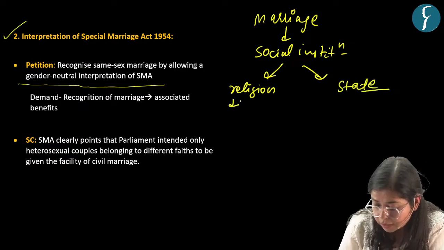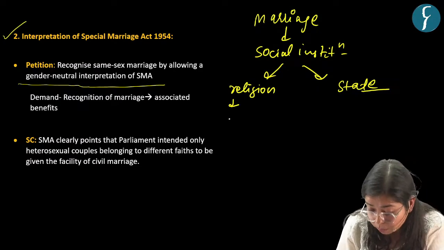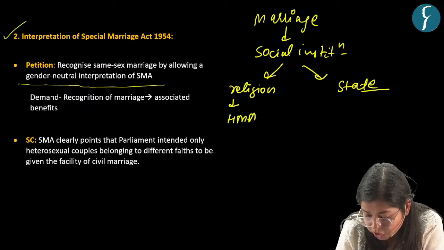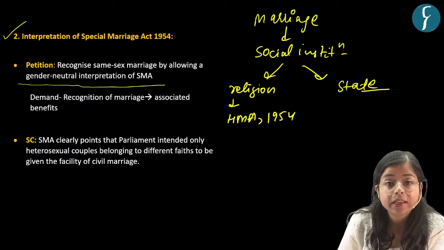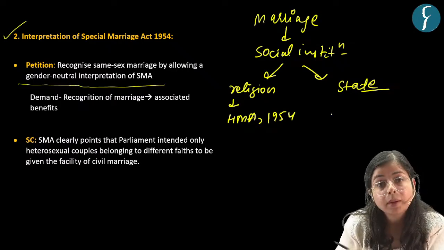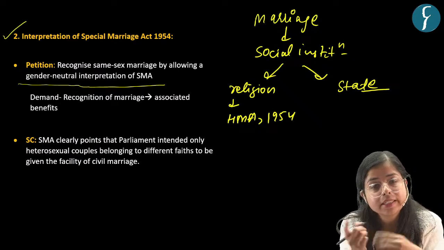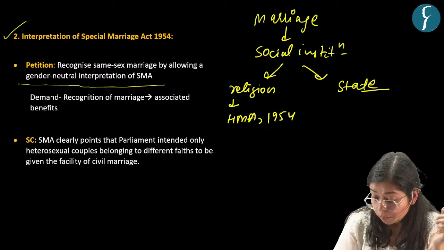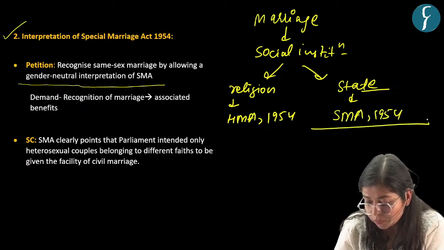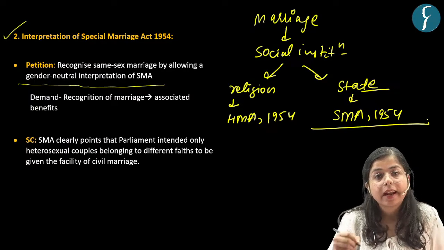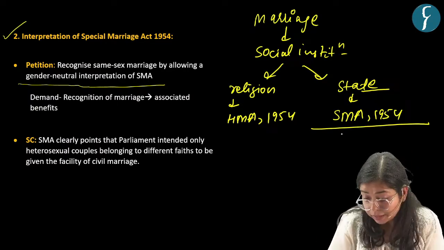Okay. Now for example, there are personal laws like the Hindu Marriage Act of the year 1955, the Muslim Marriage Act, the Christian Marriage Act, and these are the personal laws by which marriage as an institution is given sanctity. Okay, and there is another law which is the Special Marriage Act of the year 1954, and under this act, the sanctity to the marriage for whom?